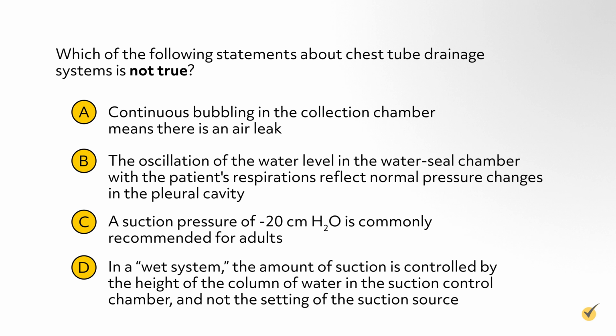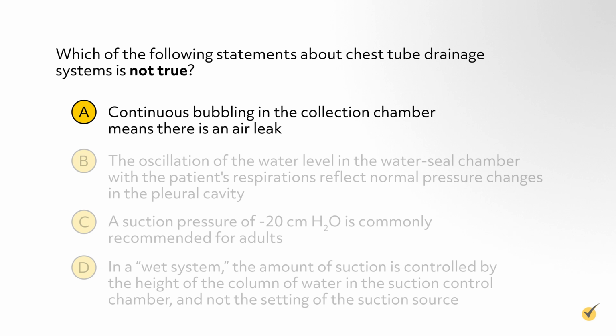D. In a wet system, the amount of suction is controlled by the height of the column of water in the suction control chamber and not the setting of the suction source. If you chose A, you're correct. Continuous bubbling in the water seal chamber may indicate an air leak.